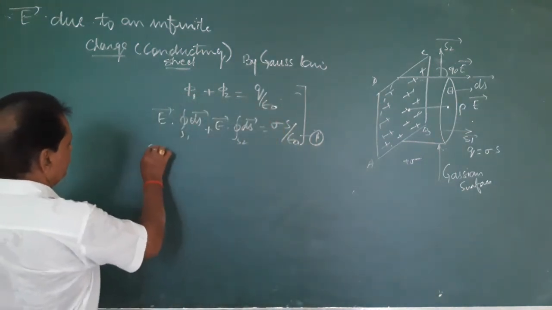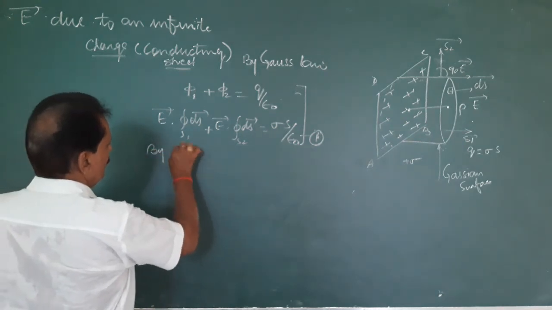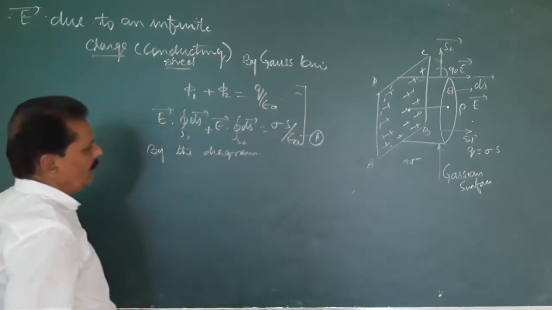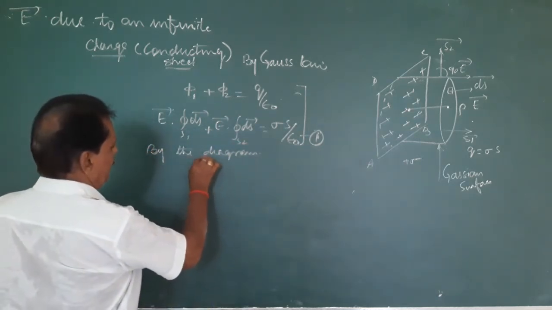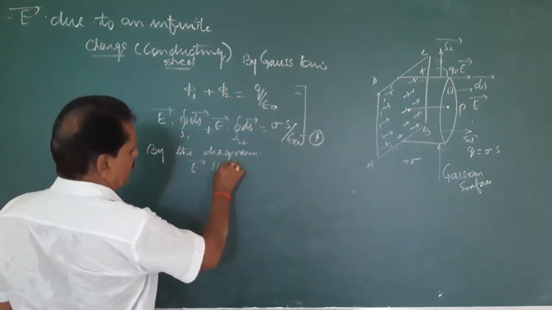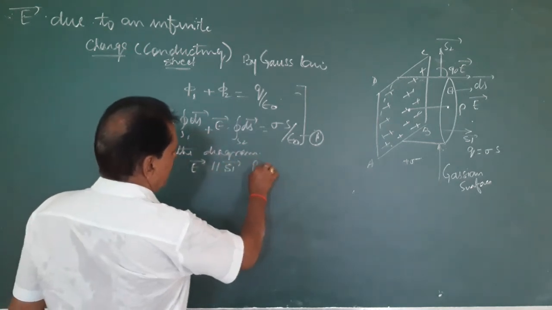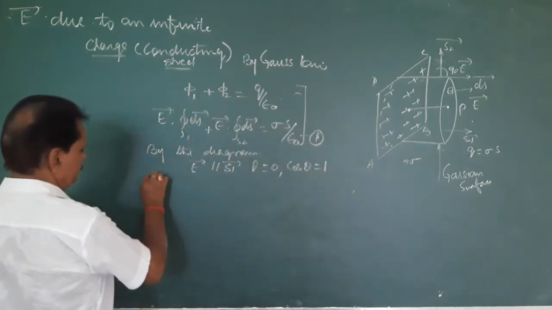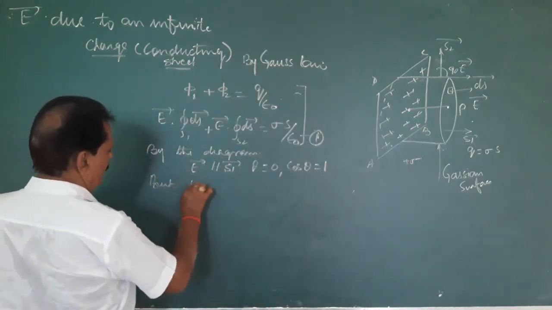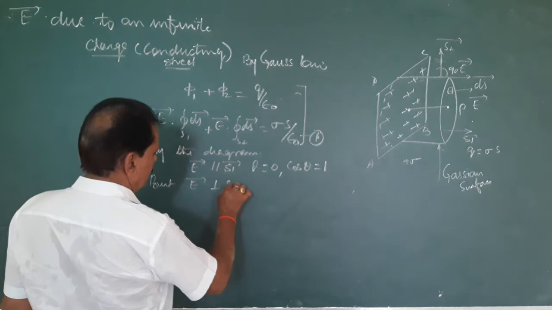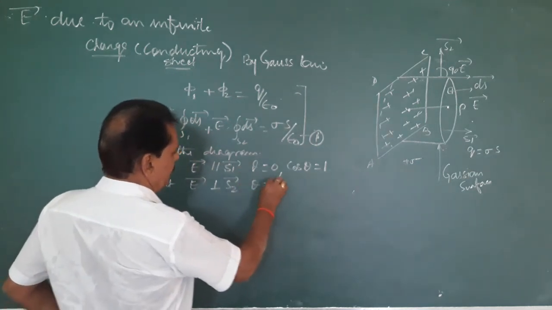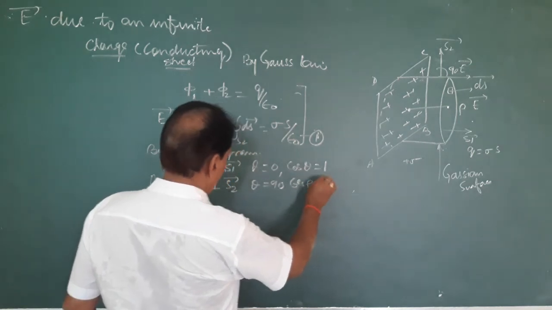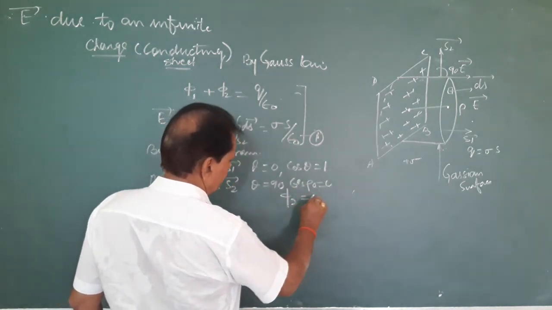Now by the diagram, the electric field direction is parallel to S1, therefore theta is 0 and cos theta is 1. But the direction of E is perpendicular to S2, theta is 90, cos 90 is 0. Therefore phi2 is 0.